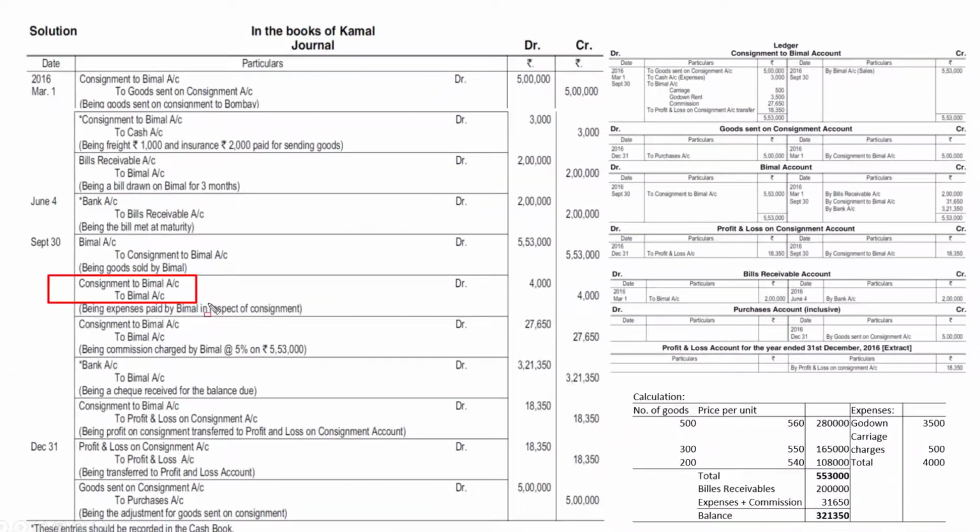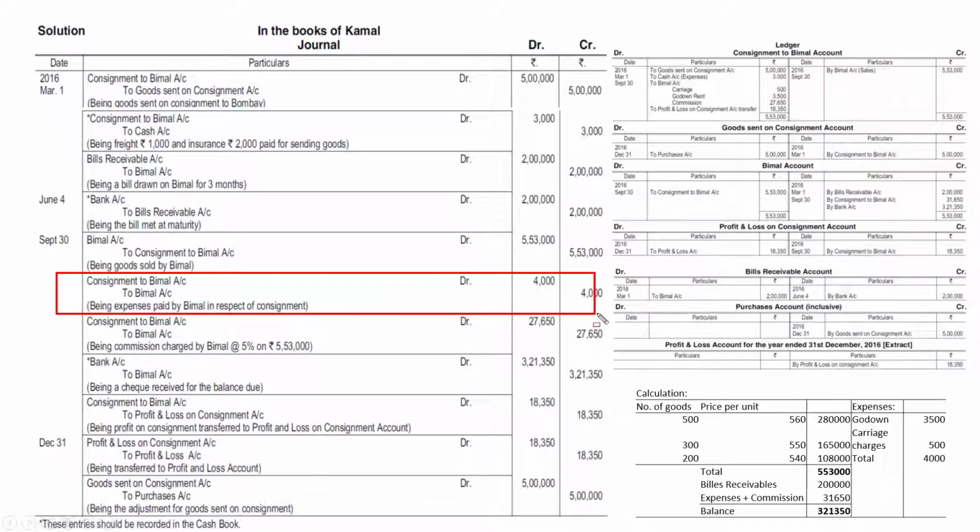And on the same day there are other transactions, that is, some expenses paid by Bimal, which should be recorded by the consignor, that is Kamal.